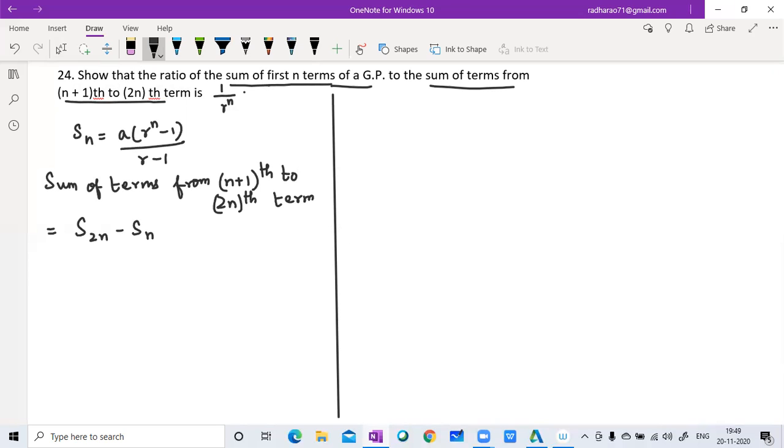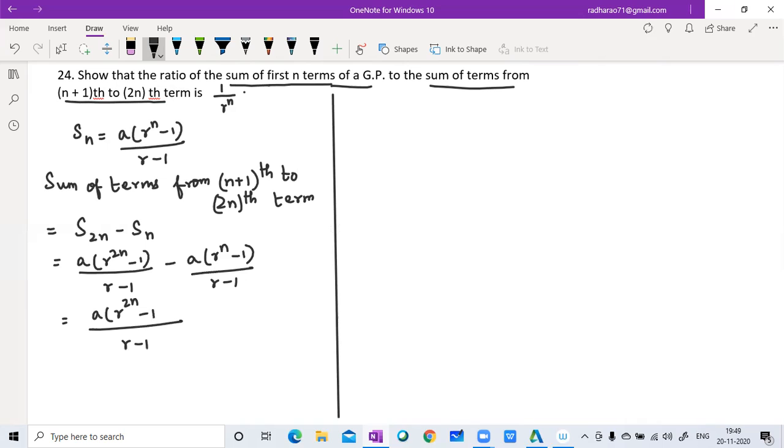So how do you write S2n? That is a into r power 2n minus 1 by r minus 1, minus, how do you write Sn? a into r power n minus 1 by r minus 1. Since the denominators are same, let me write the numerator separately. a is common, so a into r power 2n minus 1 minus r power n.